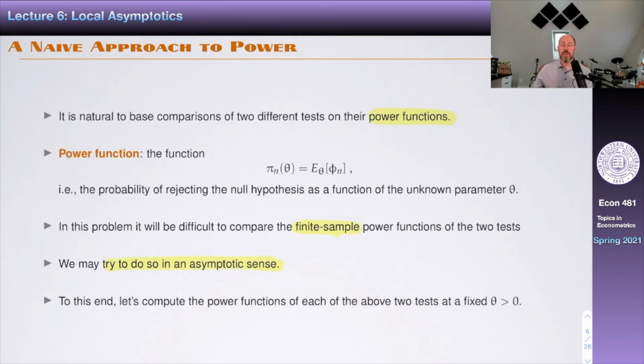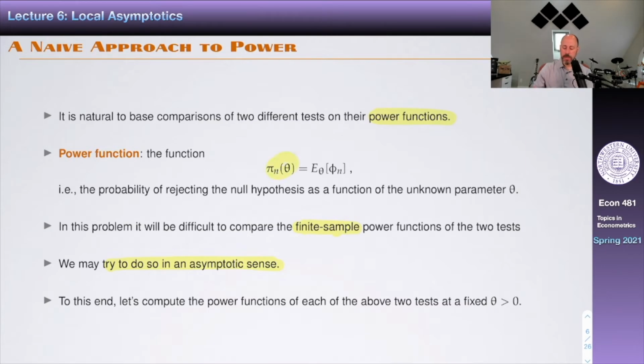But what I don't want you to get confused is that the goal is never to say stuff about the things that we'll be able to compute. It's not that we suddenly will care about these asymptotic objects because they're interesting by themselves. They are interesting provided they provide a good approximation to the objects that we really care about, which in our case here is always the finite sample power.